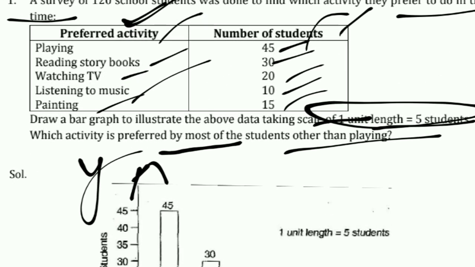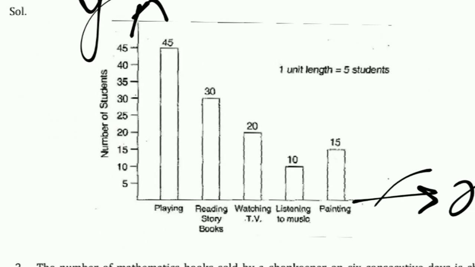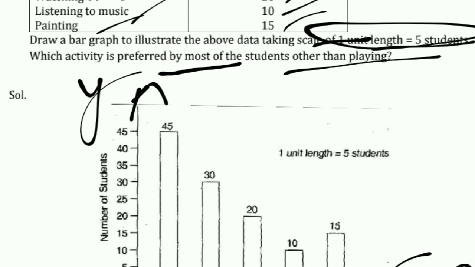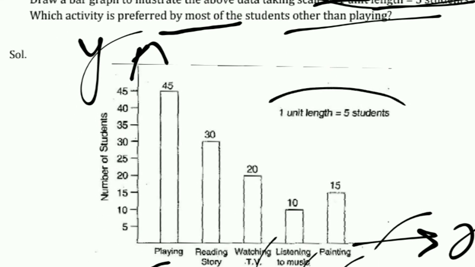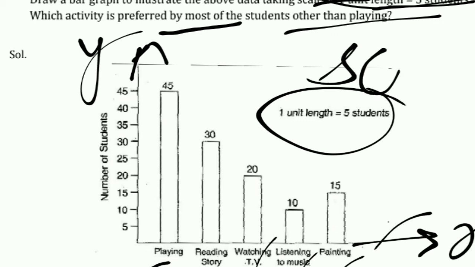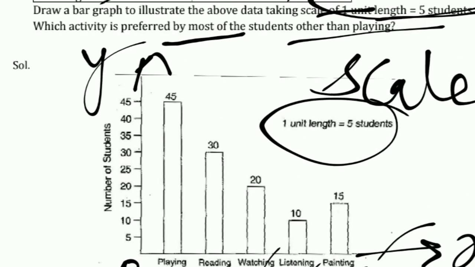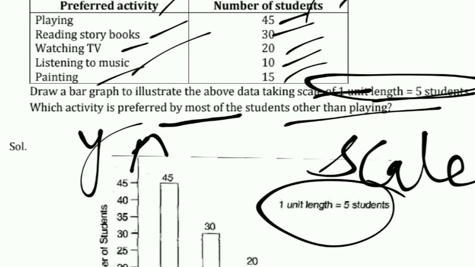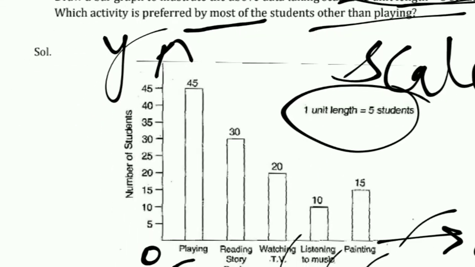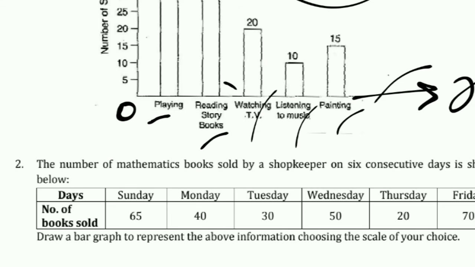Now the first one is playing, then reading a storybook, then watching TV, listening to music, and painting. Here the scale is mentioned, 1 unit length equals 5 students. So we can take a difference of 5 and draw. And the question: which activity is preferred by most of the students other than playing? That is reading storybook.